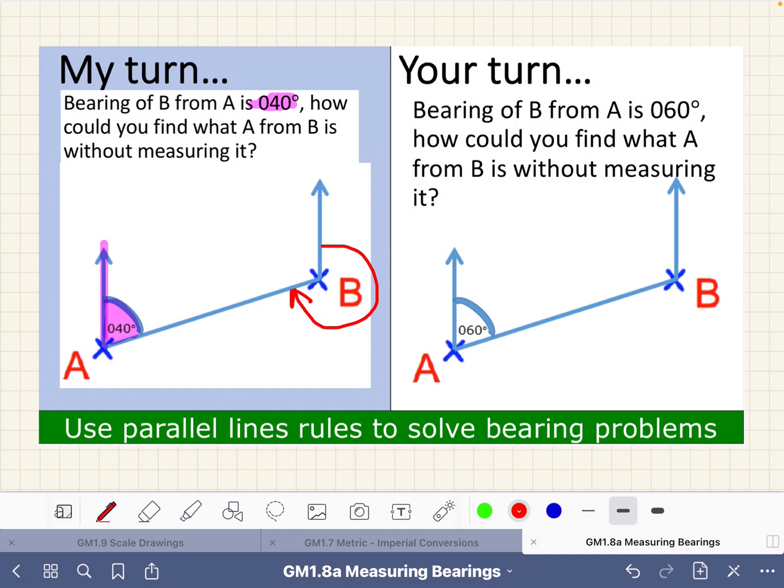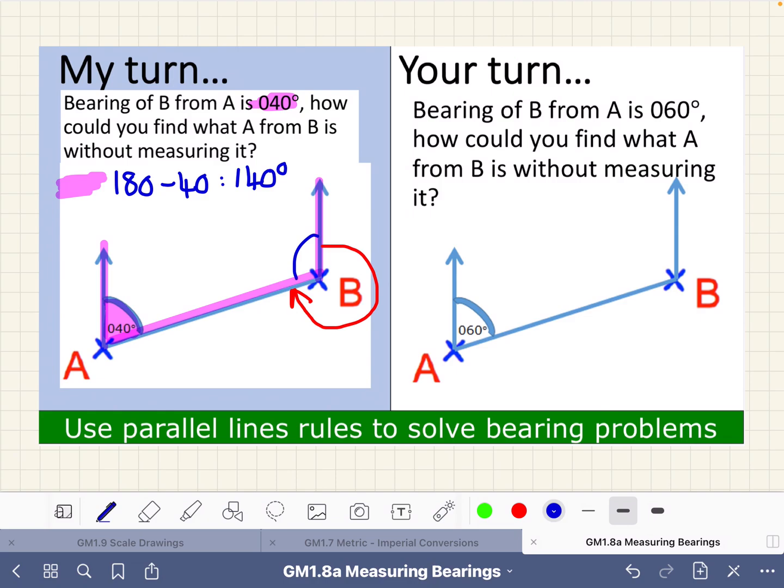We have a couple of options to do this question. If we were to use our co-interior angles, we would know that this angle here, including the 040 degrees, should add up to 180 degrees in total. That means we would have 180, take away 40, gives you 140 degrees in here.